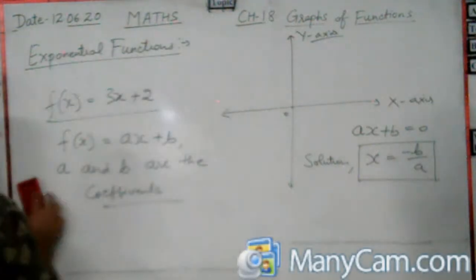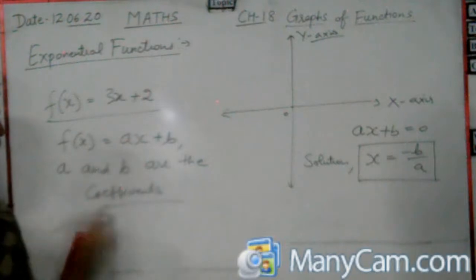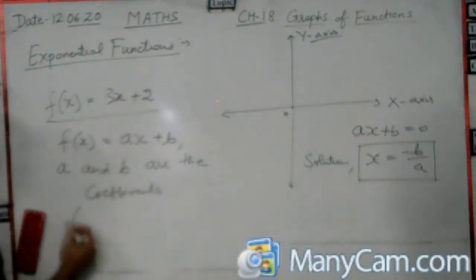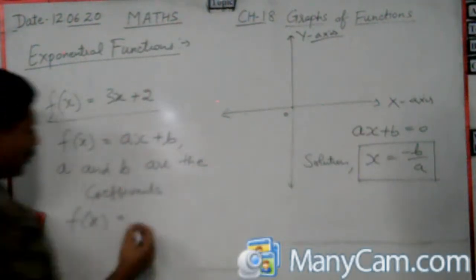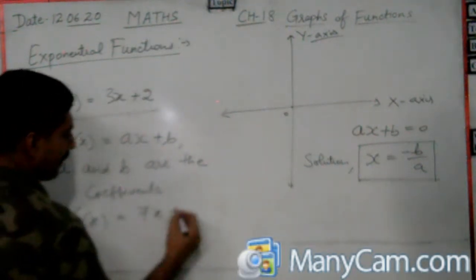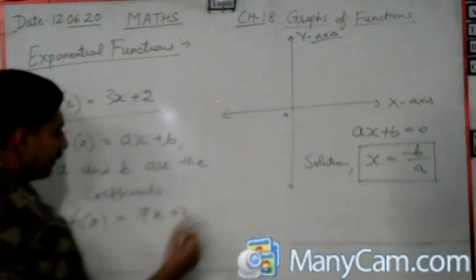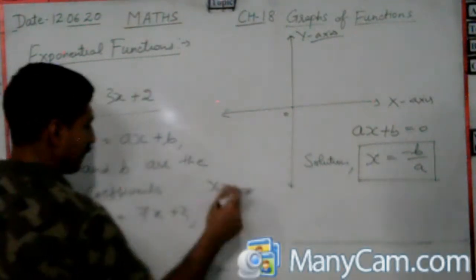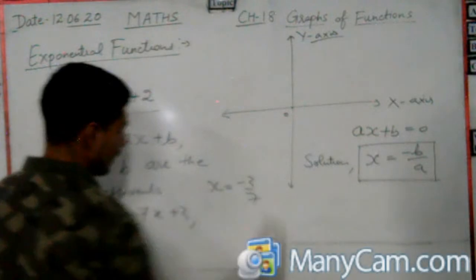If we have any other polynomial, for example f(x) is equal to 7x plus 3, then the solution will be minus 3 by 7.